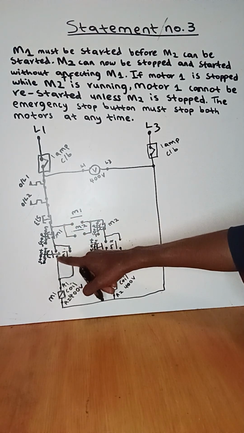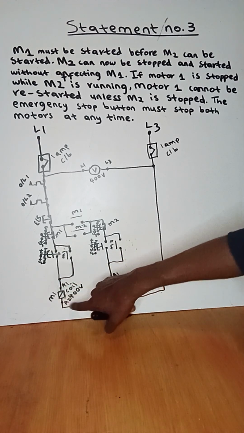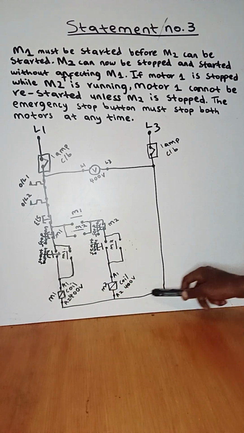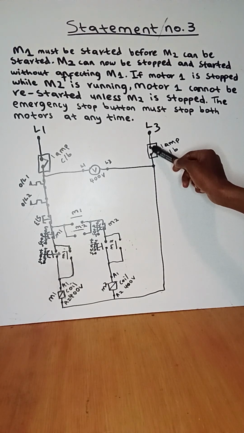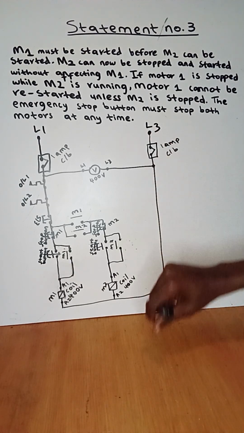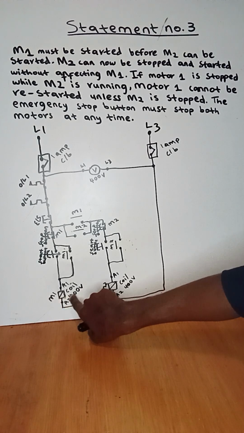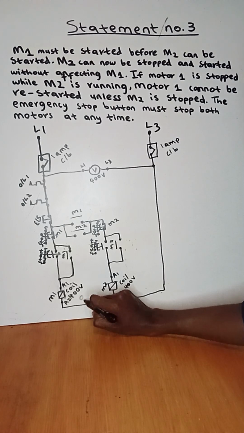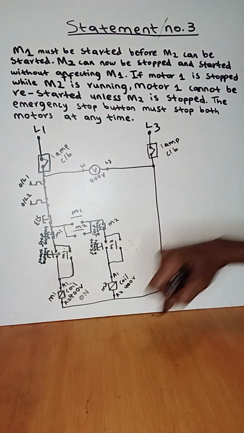So when it creates close contact, current will flow all the way to A1 of coil of motor 1, and then from A2 current will flow all the way to the circuit breaker of 1 amp and finds its close contact, and all the way to live 3 supply voltage, in which right now my coil will have 400 volts and be energized, in which when it's energized it is on, and when it's on it will affect its contacts.